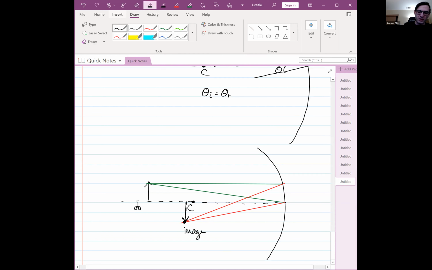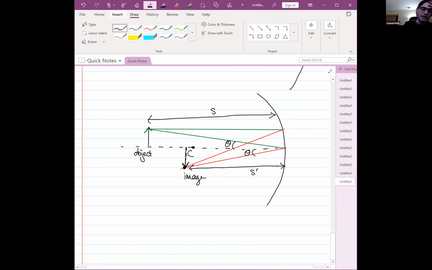Here's our object. We know that that image is a distance s prime from the mirror, right? And the object is a distance s from the mirror. And we also know that this angle theta is the same as this angle theta. That's from the law of reflection, and that's also from the definition of that ray.